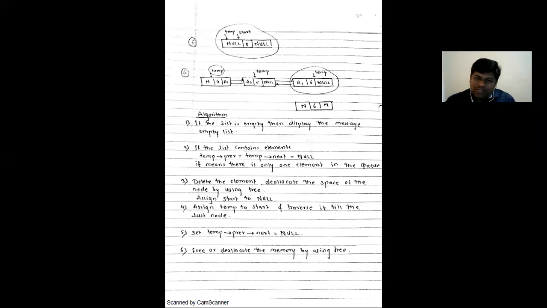So temp of previous and temp of next, if both pointers are null, it means, so how many elements are there in the list? One element, right? Now delete the element, deallocate the space of the node by using the free function and assign start to the node. Simple. So two conditions you need to check. First is the list is empty or not. Second condition क्या है?